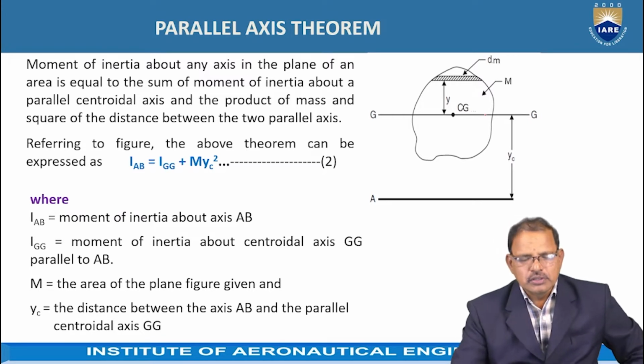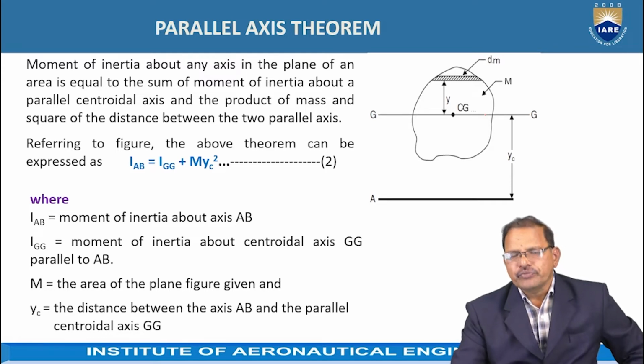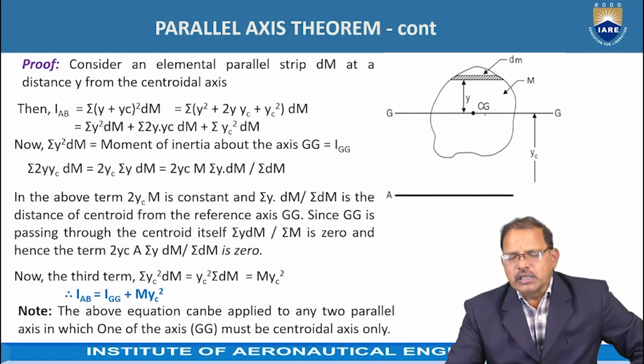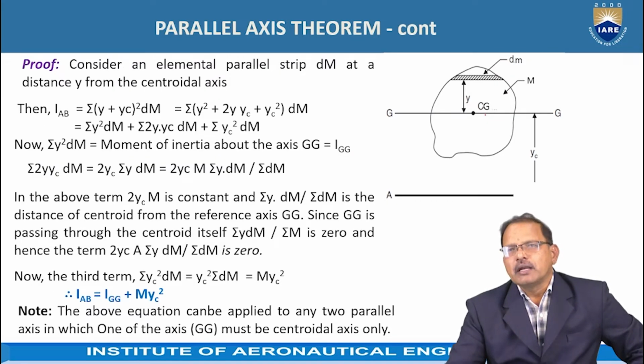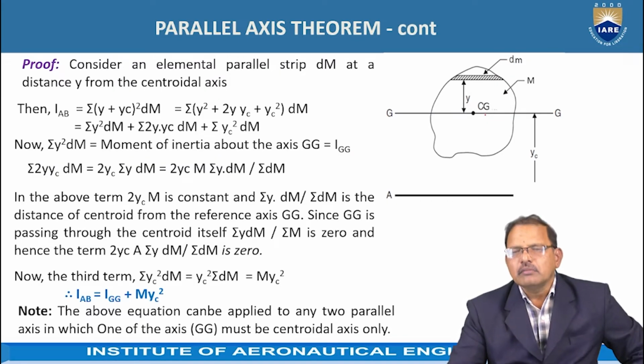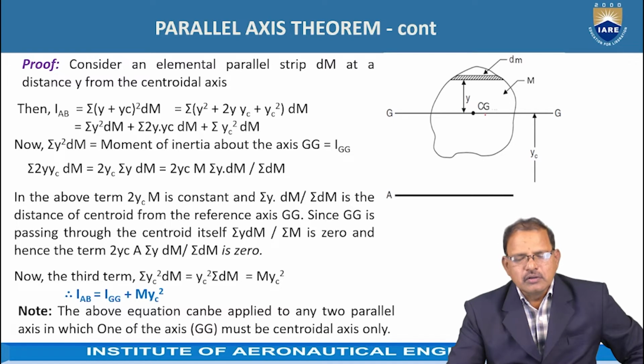That means IAB is equal to IGG plus M YC square, where YC is representing the distance between the lines AB and GG, and M is representing the mass of the body. Here consider an element, a parallel strip dm, at a distance of y from the central axis as shown in the figure.